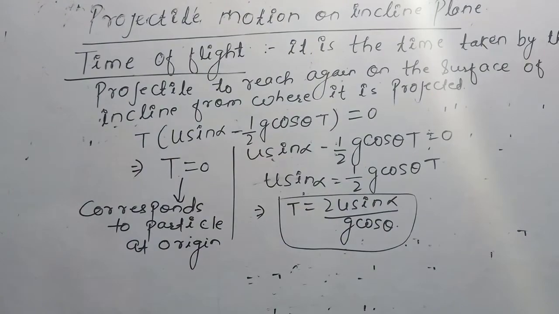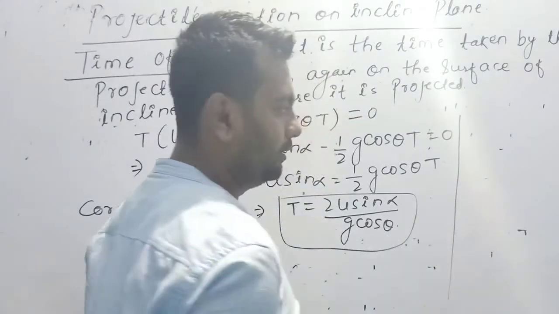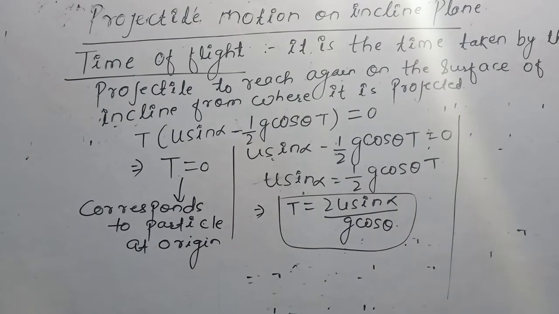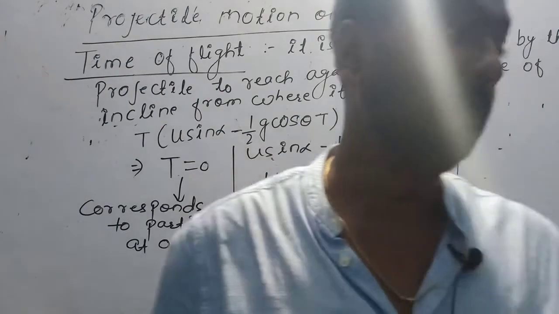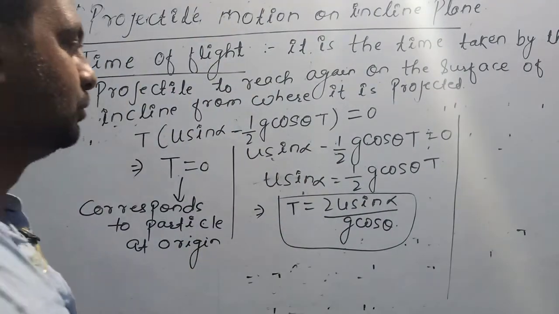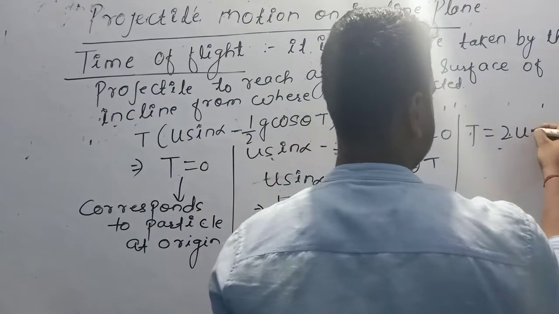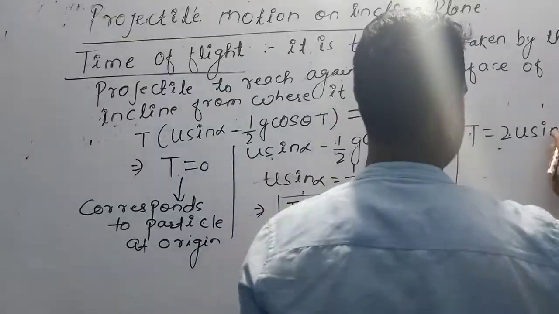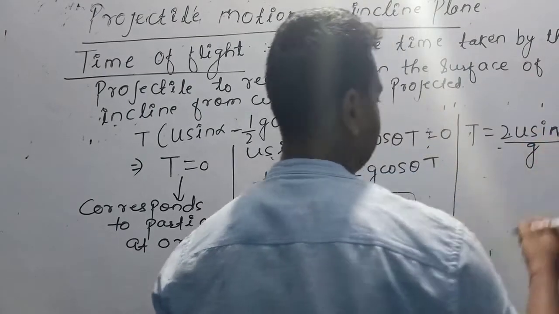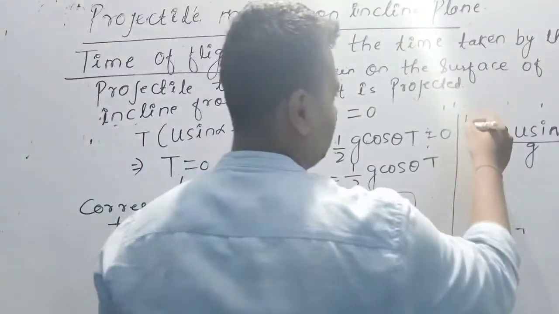Earlier we had studied projectile motion from the ground, where the value of time of flight was 2u sin theta upon g. Compare these two formulas.